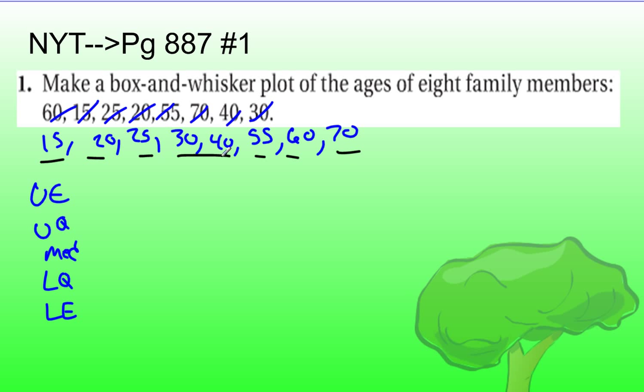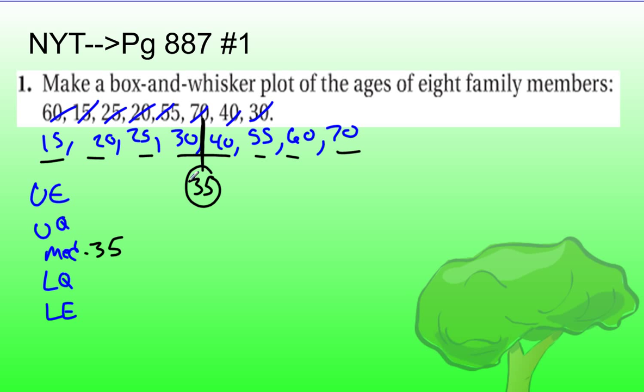Halfway between 30 and 40, it's 35. That's going to be the median. If you take 30 plus 40, you get 70, and then 70 divided by 2 is 35. So median, 35. This is the halfway point of my data.